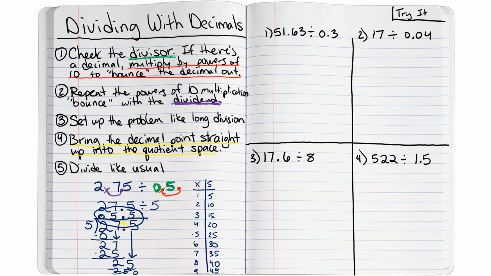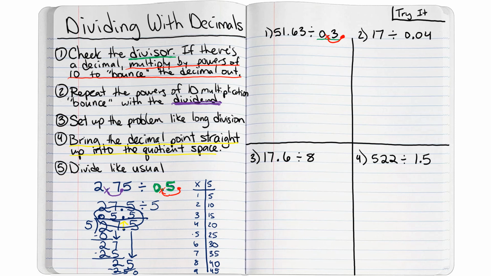In our notes, we said first, because I see division and I see decimals, I need to check my divisor. I'm looking to see if there are any decimal numbers. And sure enough, 3 tenths is a decimal. So I'm going to bounce that decimal out by multiplying by powers of 10. It's only going to take 1 ten to bounce that decimal out.